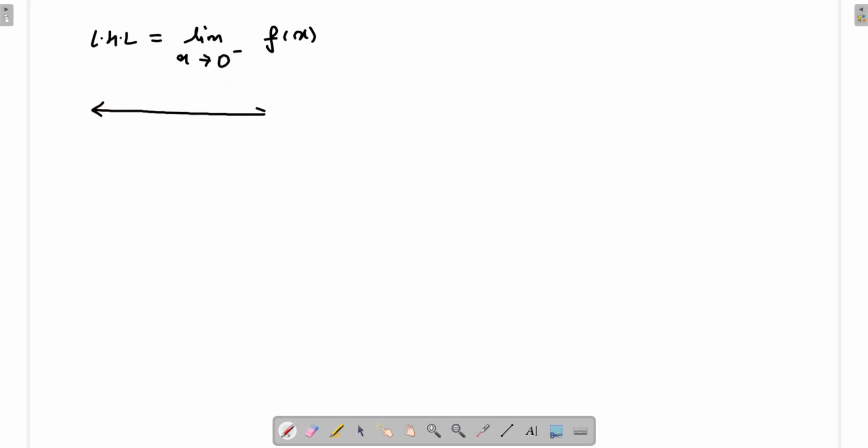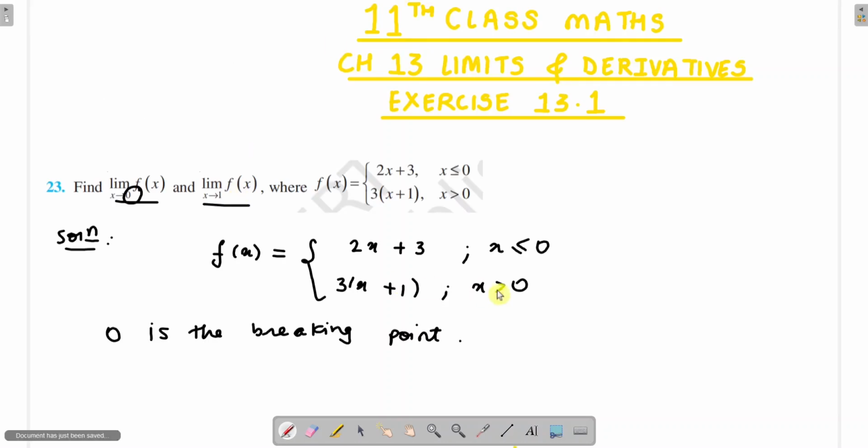If you look at the number line here, this is 0, and since x is tending to 0 from the left hand side, that means x is here, which is very close to 0, on the left hand side of 0. So x is less than 0 here. So this will be equal to limit x tends to 0 minus, and when x is less than 0, the definition of the function is 2x plus 3.